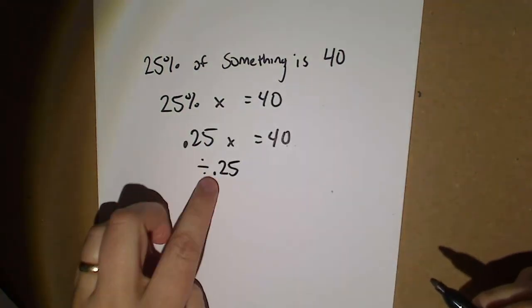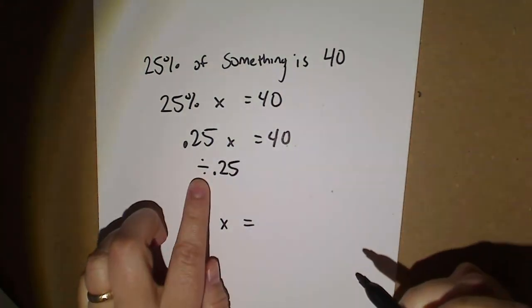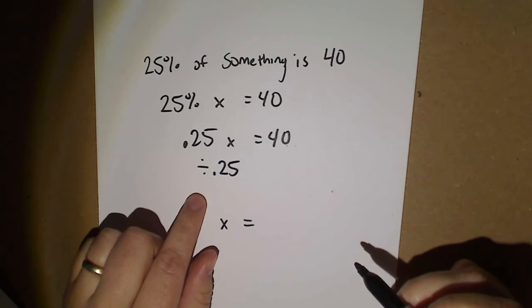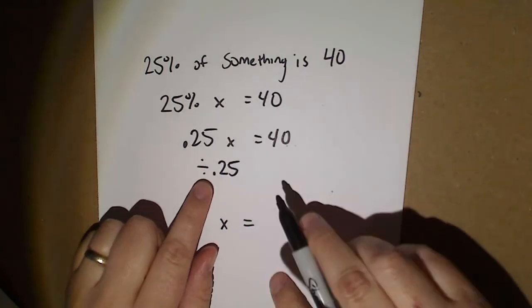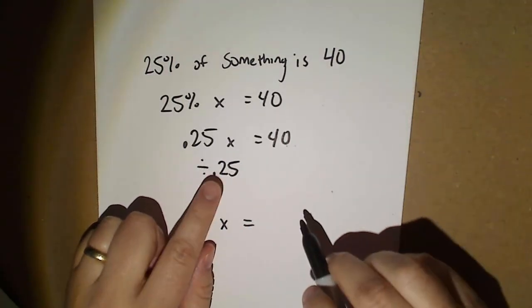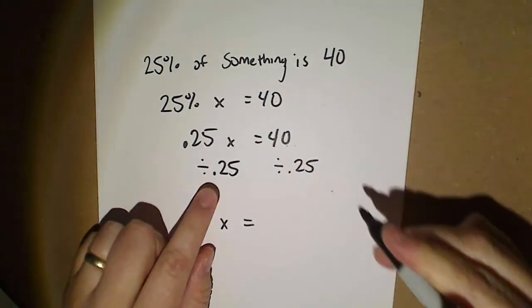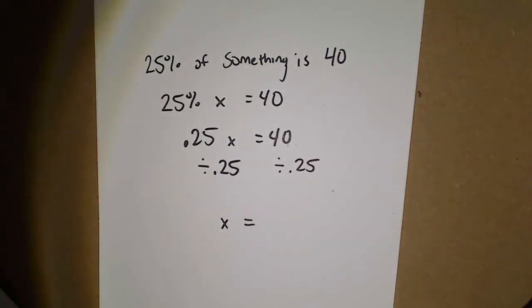That's going to be canceled out, and I'm just going to have x all alone. But since I did this over here, it's kind of like a teeter-totter, right? If you're on a teeter-totter with a buddy and your friend jumps off, you're going to fly down to the ground. You're no longer going to be going up in the air. So we've got to keep it balanced, right? If I divided by 25 hundredths over here, I have to divide by 25 hundredths over here as well. Now I have 40 divided by 25 hundredths.